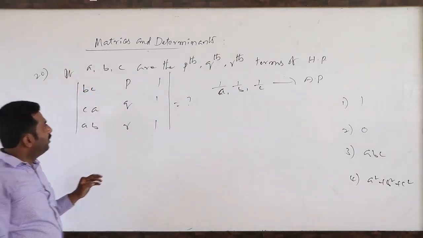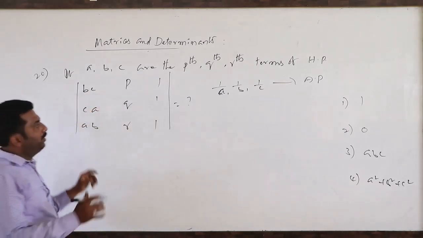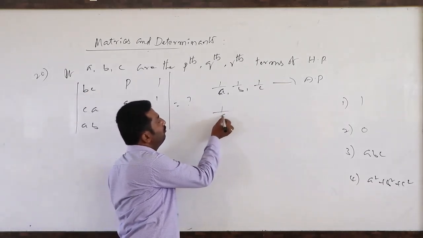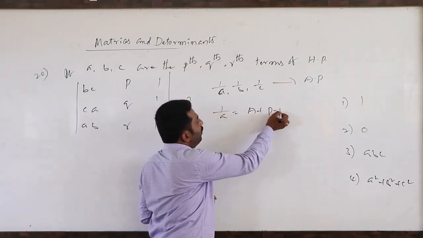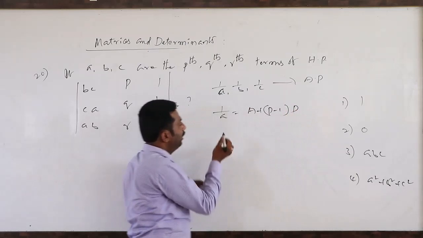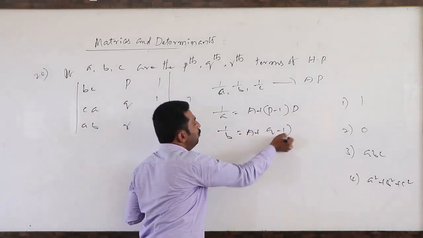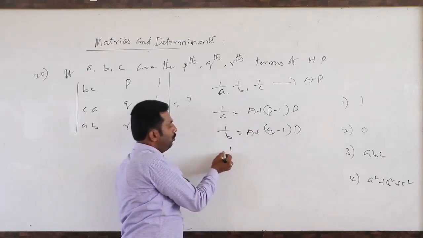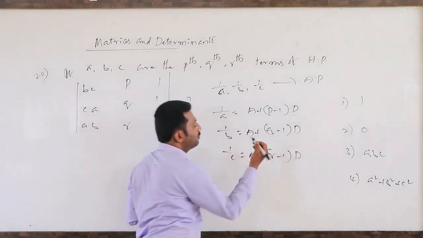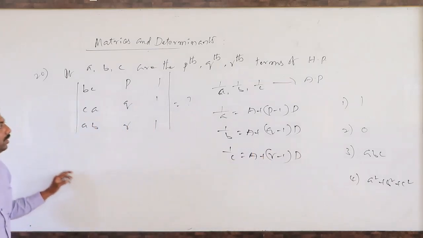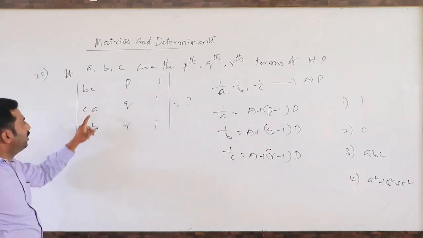So how to write the pth term: 1 by a equals the first term A plus (p minus 1) into d. 1 by b equals A plus (q minus 1) into d, and 1 by c equals A plus (r minus 1) into d.